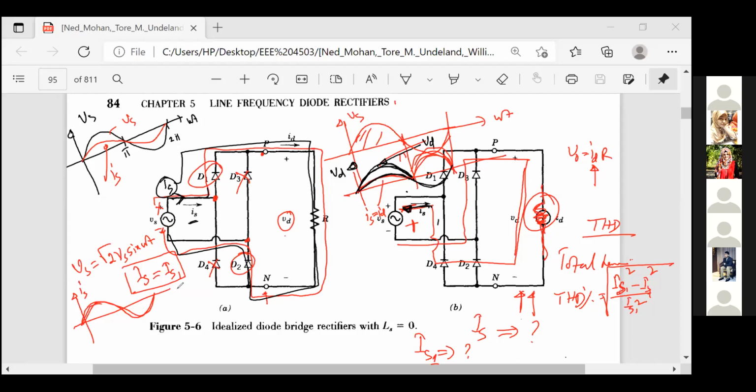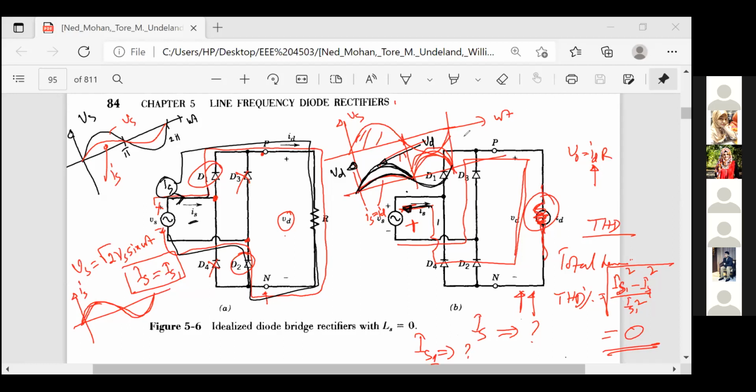Then IS and IS1 are the same, and total harmonic distortion will be 0. That means you have not distorted your wave if you use the resistive load. And also there is no phase difference between your input voltage and input current. Is there any? No, sir. Okay.